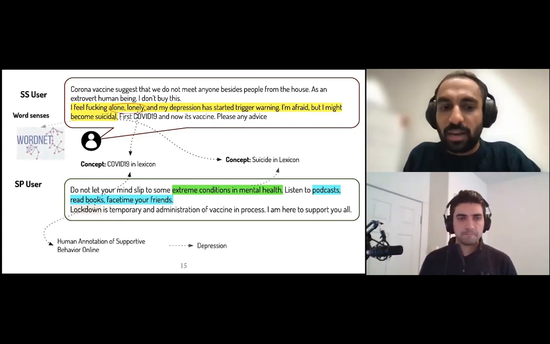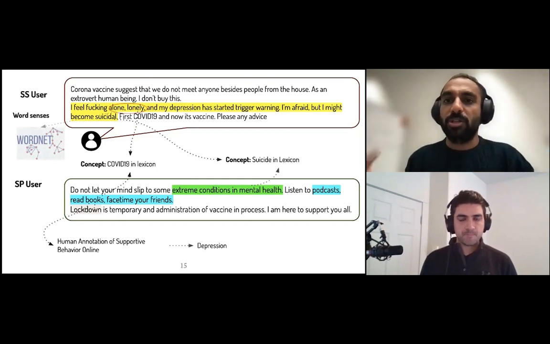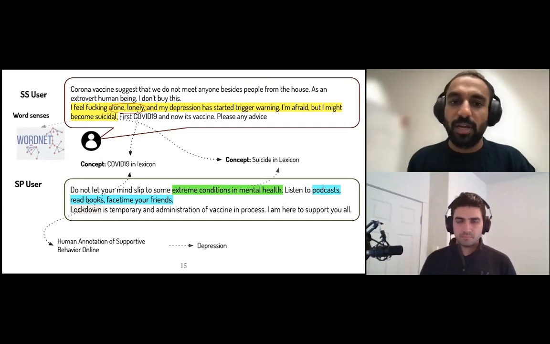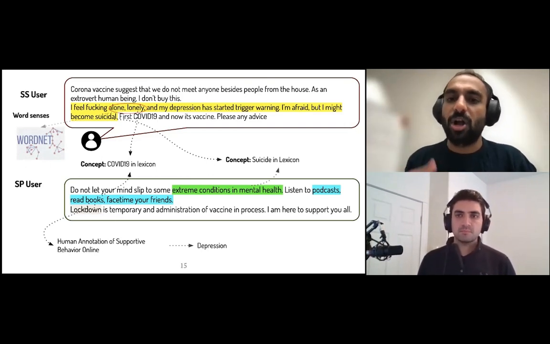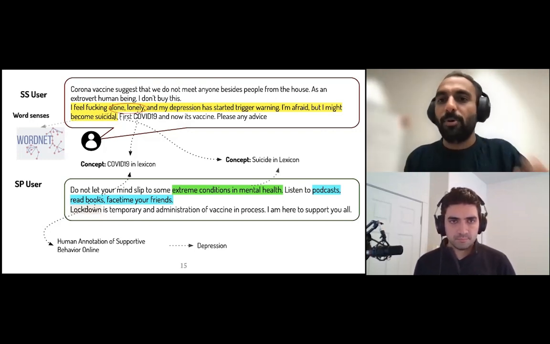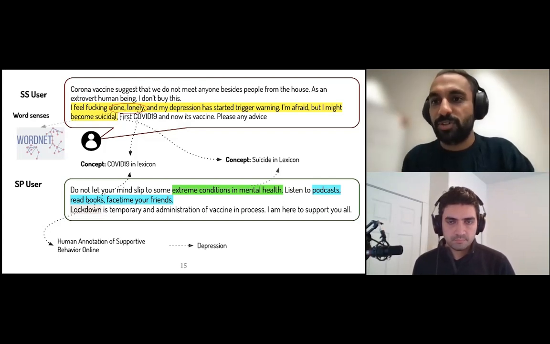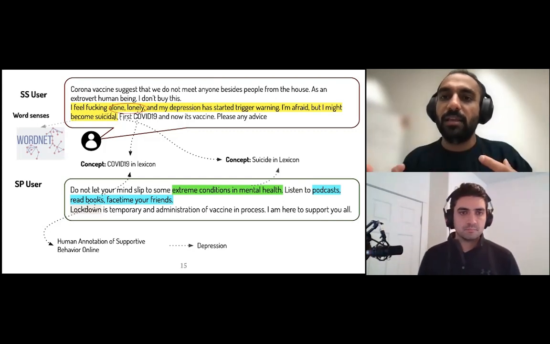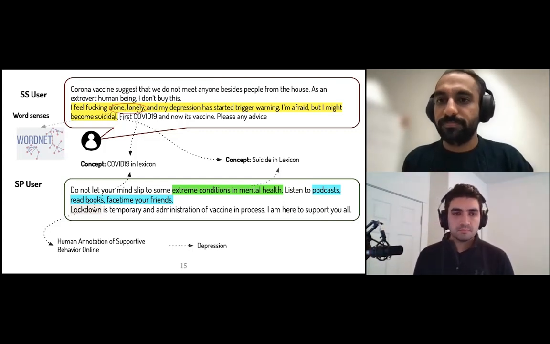And through online sources, I know that for depression, people also ask questions in Google. Like when I talked about how to cure my depression, people suggest going through a podcast, reading books, or FaceTime with friends. So these are common examples. So you have a human annotation from there. Once you have this information, you know, yes, this support provider is the right support provider for the support seeker. So you got your labeling backed up with some kind of background information.